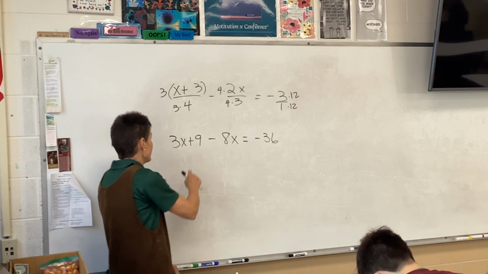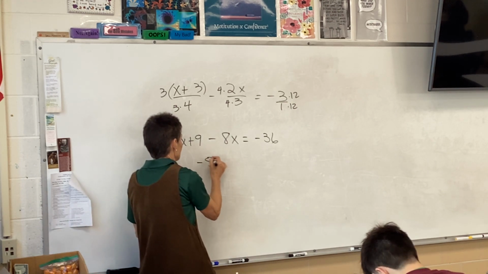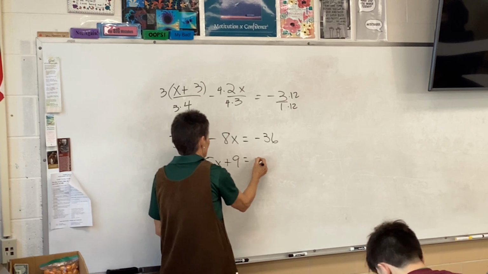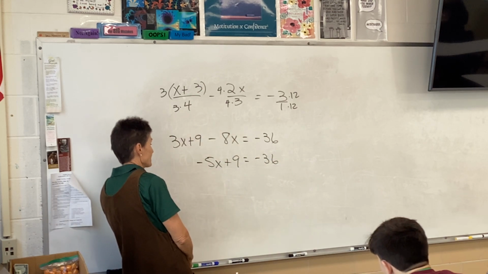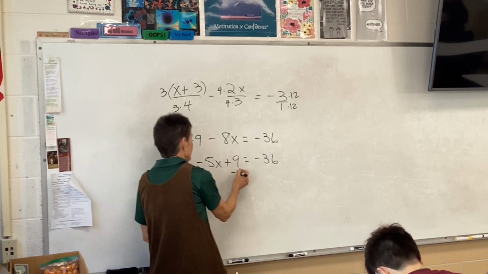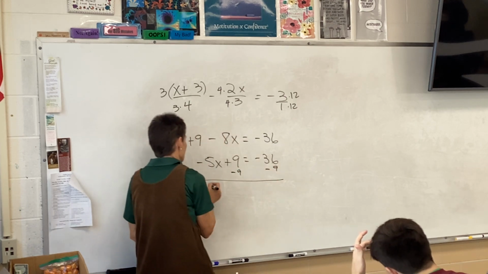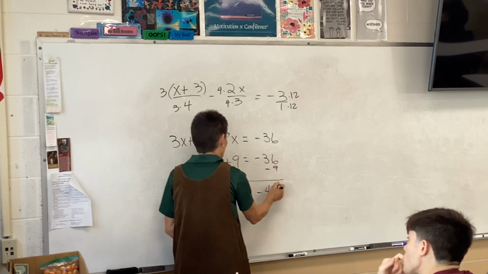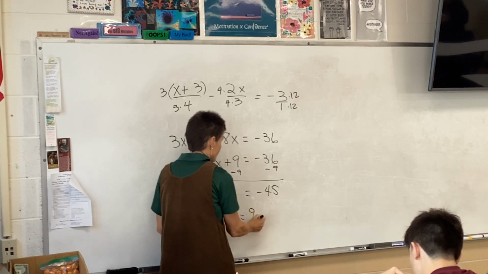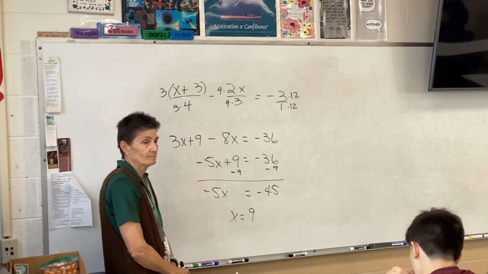So then we combine these. Negative 8 and 3 makes negative 5. And then, here we go, just start solving. So negative 5x equals negative 45, so x equals 9.